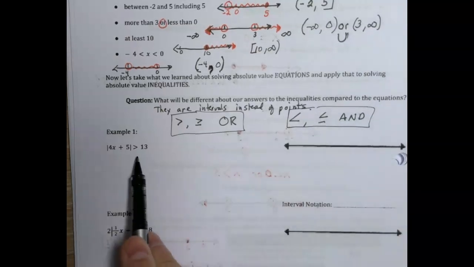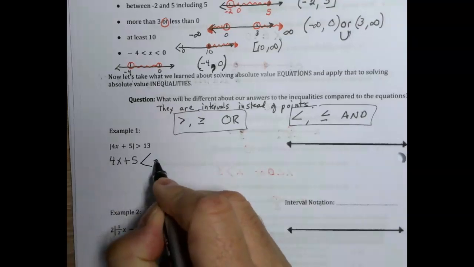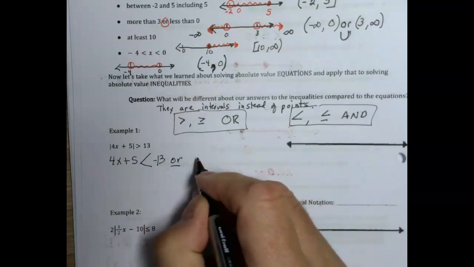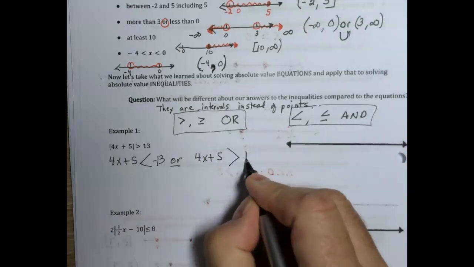Notice this one here is greater than 13, so we're going to run it for two inequalities. The first one is 4x plus 5 is less than negative 13, or 4x plus 5 is greater than positive 13.